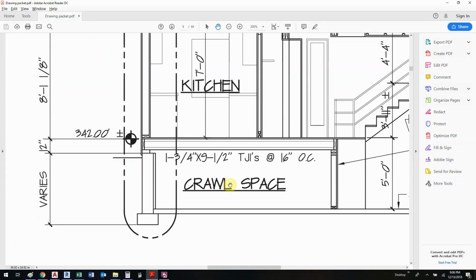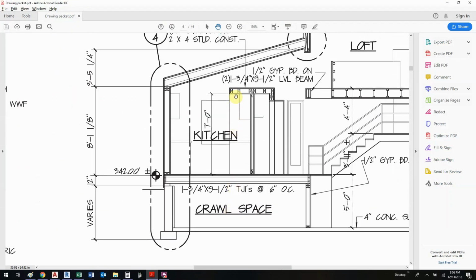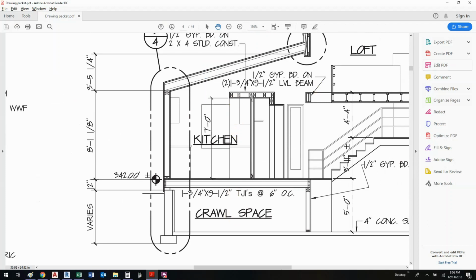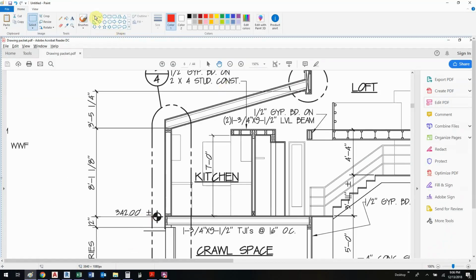All right, so in this same view, what I'm asking for is I'm asking from here to there. All right, so I have 7 feet, and then I have 1/2 inch gyp board on the top, I have a 1/2 inch gyp board on the bottom, and I have a 2x4 in between it here.